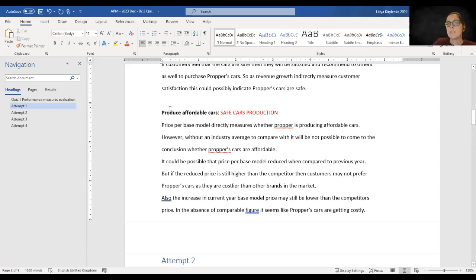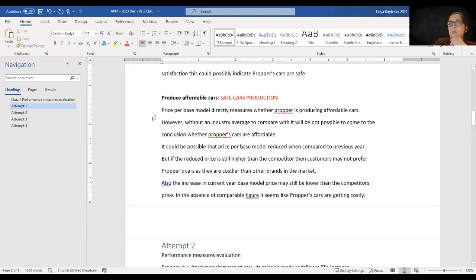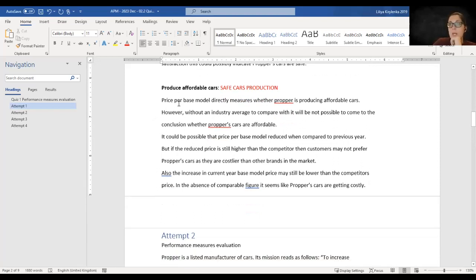Price per base model directly measures whether Prober is producing affordable cars. Okay, you need not really, however, without an industry average to compare with, it will not be possible to come to the conclusion whether Prober cars are affordable.